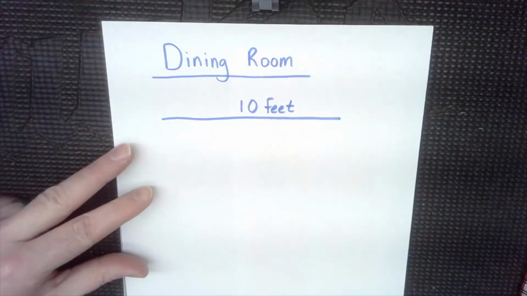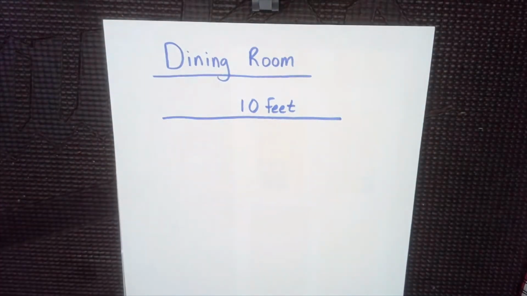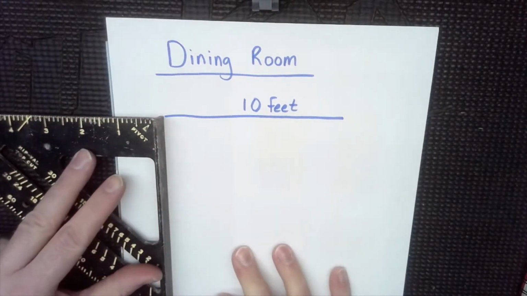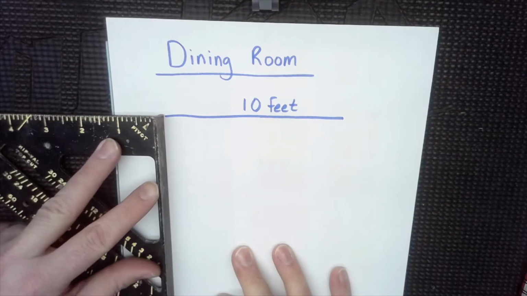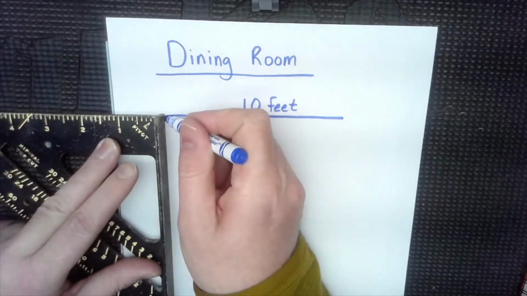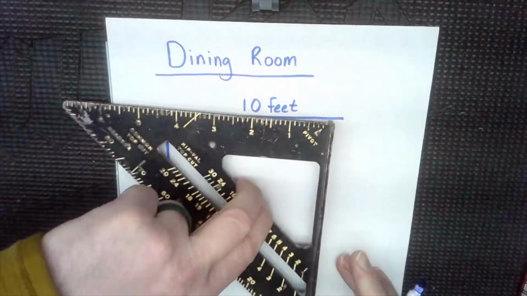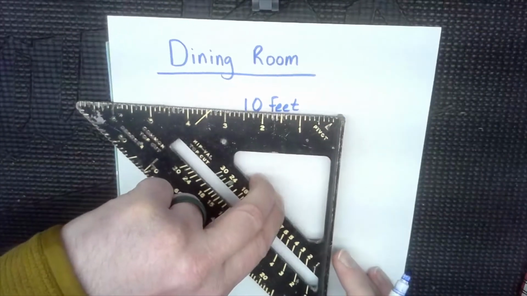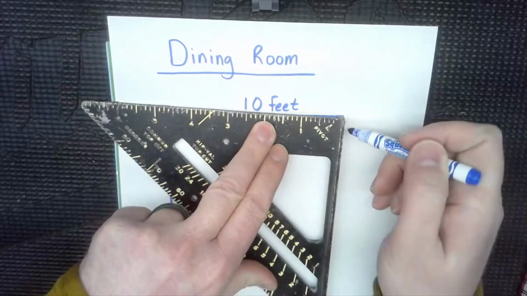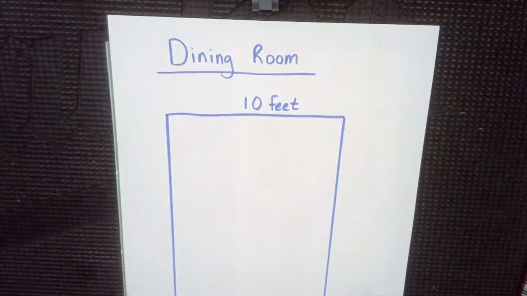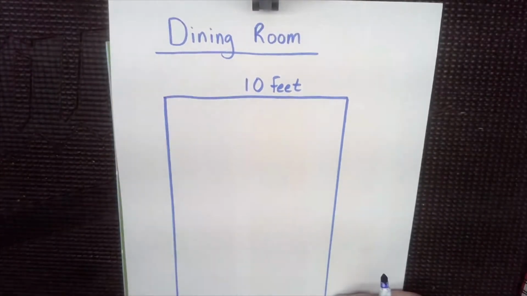and then I measured the other length of the room, and I'm going to grab my little ruler here, which is not really a ruler, it's a speed square, but it'll work. You can really use anything that has a straight edge. And it was longer, so I'm going to try to make my picture kind of match that. It was like this, and you can't really see my edges, so I'm going to just move that down a little bit.